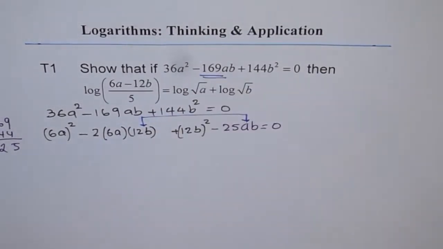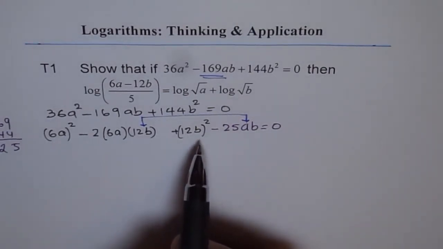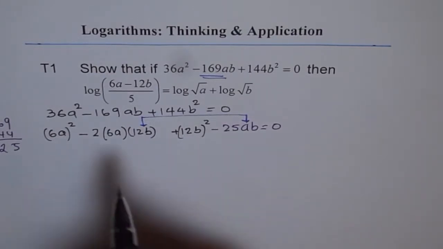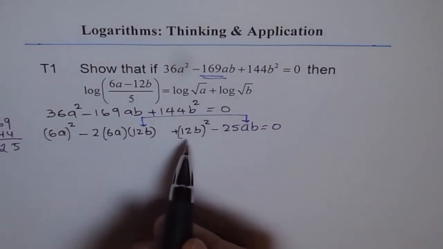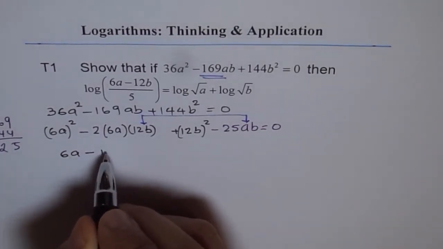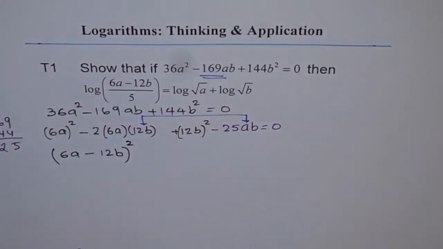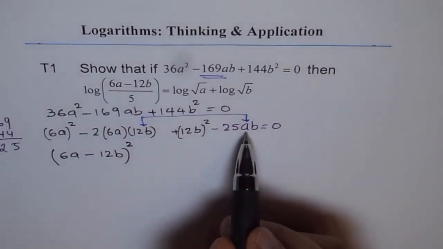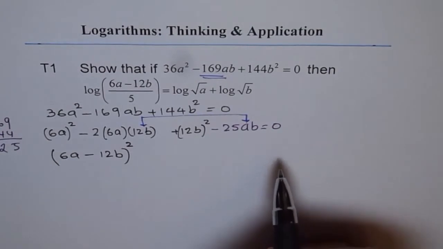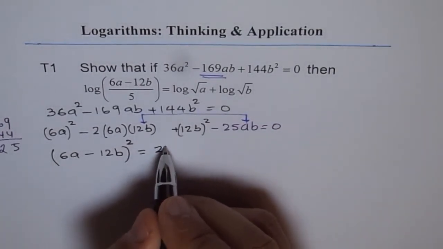So I split 169 into two parts, one making a perfect square on this side. Do you see the beauty? That is how we're going to solve it. I can write this trinomial now as (6a − 12b)². And I'll take the −25ab to the other side, so I write this as equals 25ab.